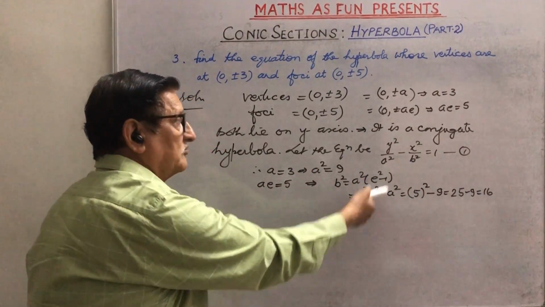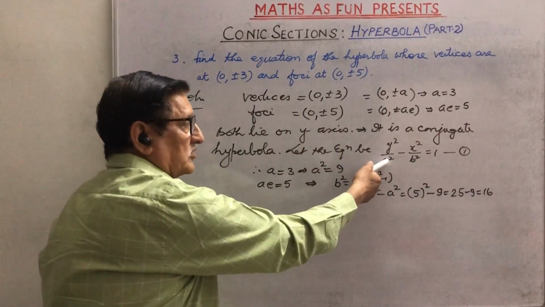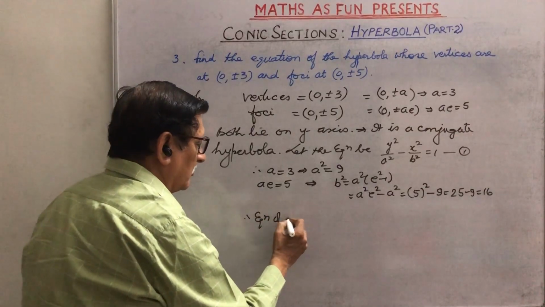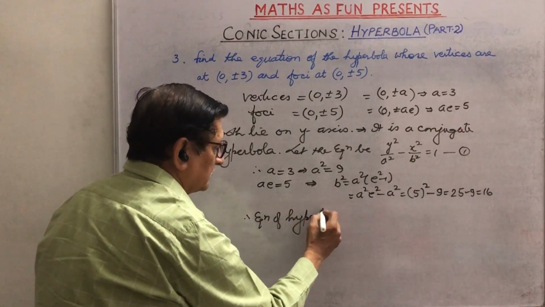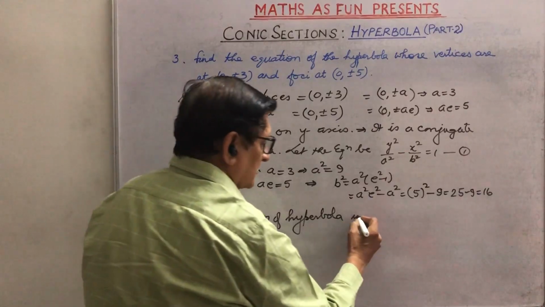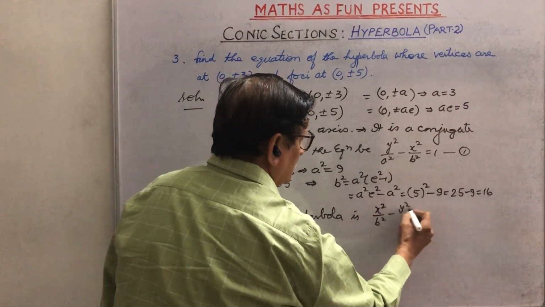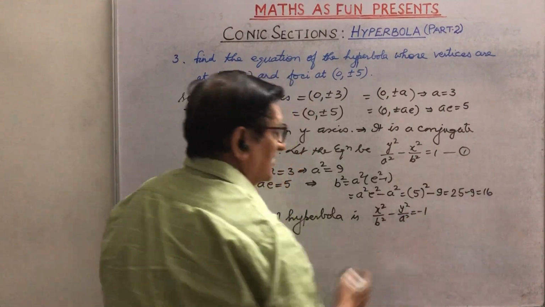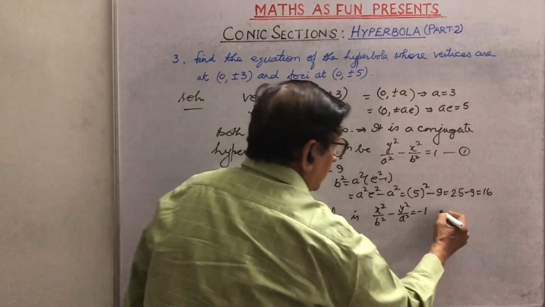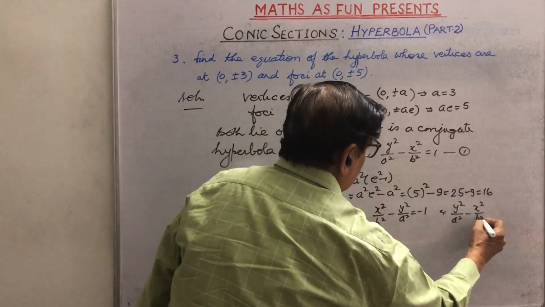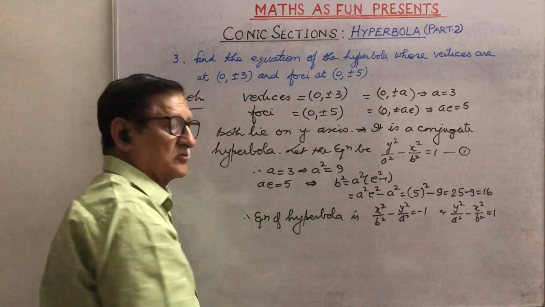Now substituting this we can find out the equation of the hyperbola. So we can write therefore equation of hyperbola is x square upon b square minus y square upon a square is equal to minus 1, or we can say y square upon a square minus x square upon b square is equal to 1. Any one we can substitute.